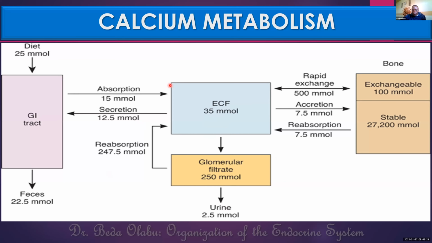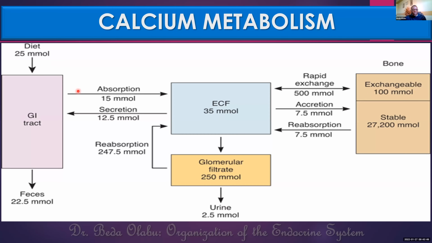Now, parathyroid hormone controls calcium metabolism, as I've told you. Now, let's look at metabolism of calcium before I summarize for you the hormones that control calcium metabolism. So we can get calcium from the diet. So when you eat, that goes to the GIT.